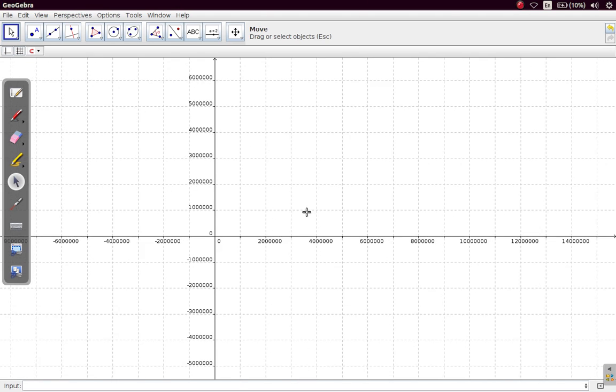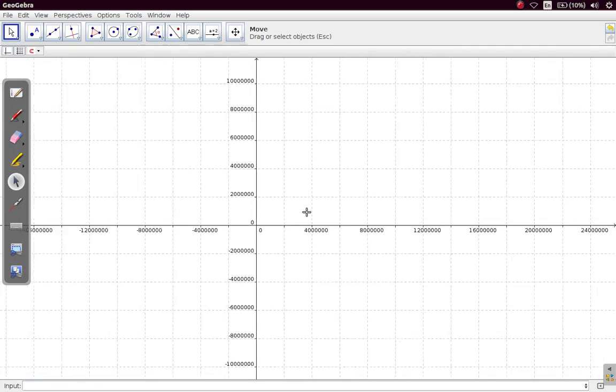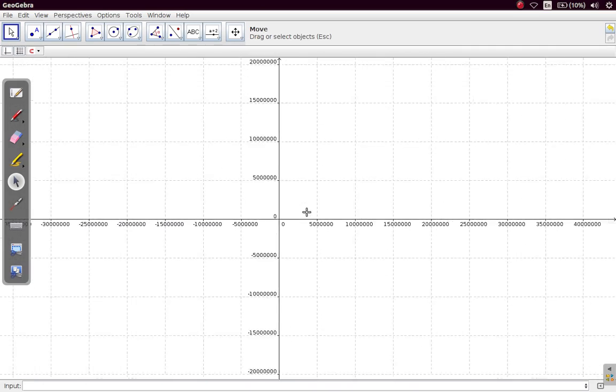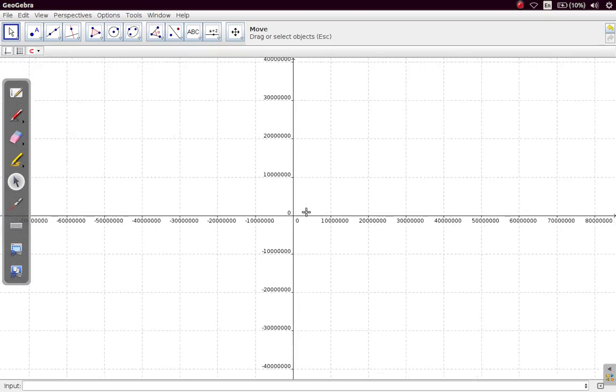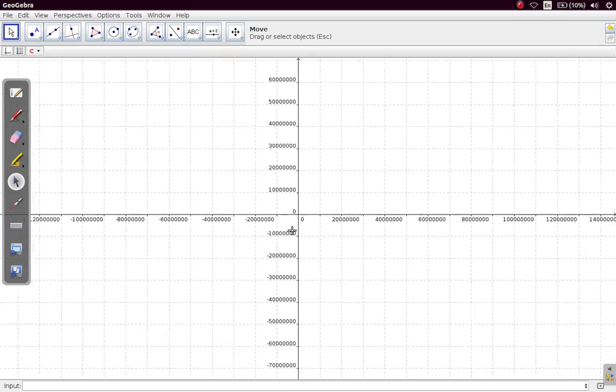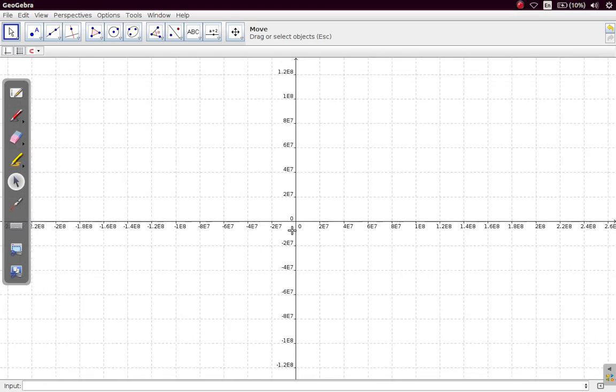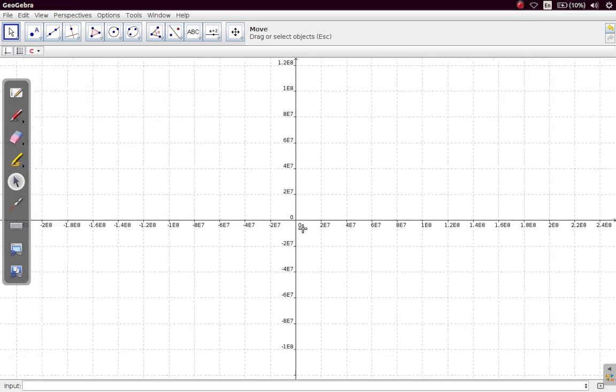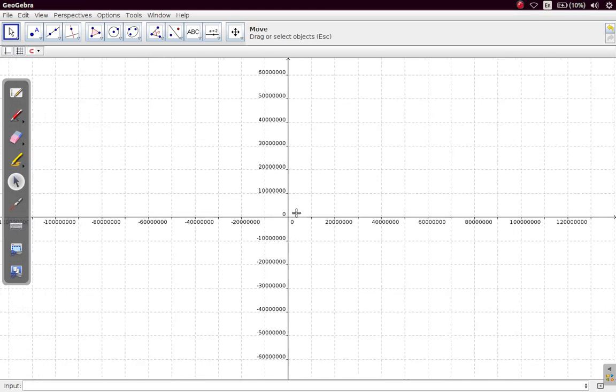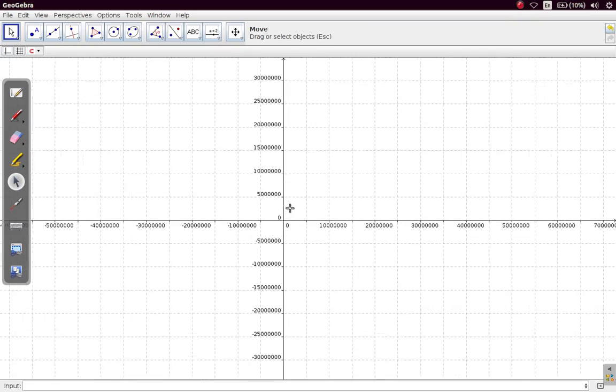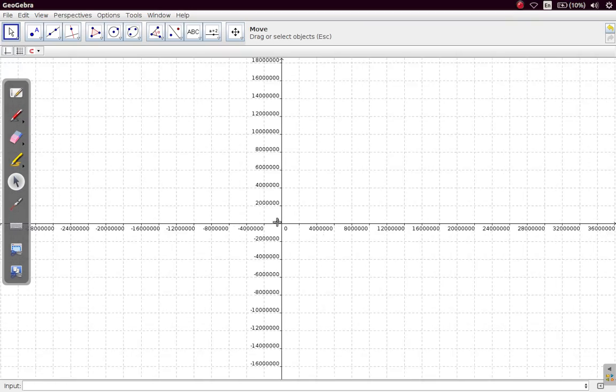Alright, we still have to zoom out quite a bit. Still not seeing those values. I'm still not seeing the graph.